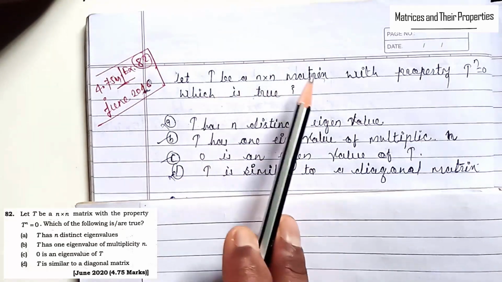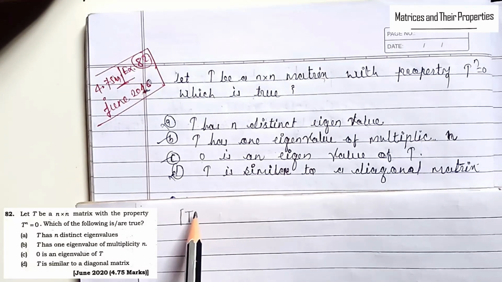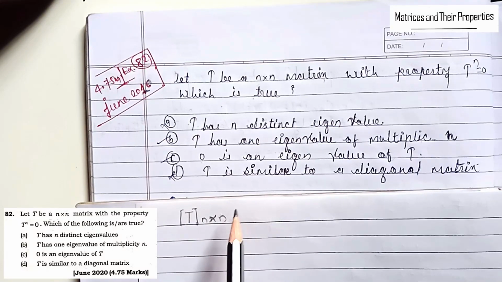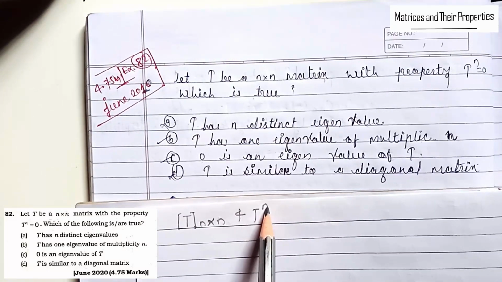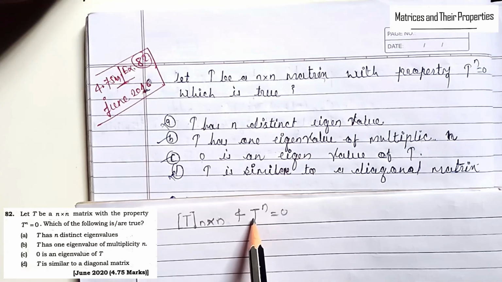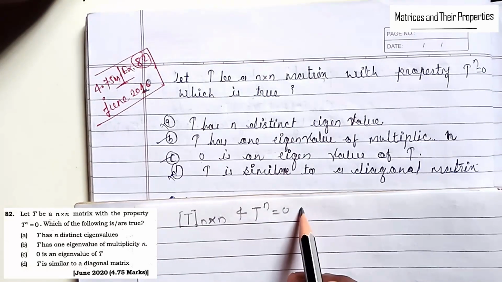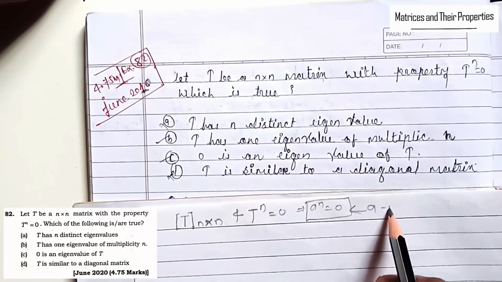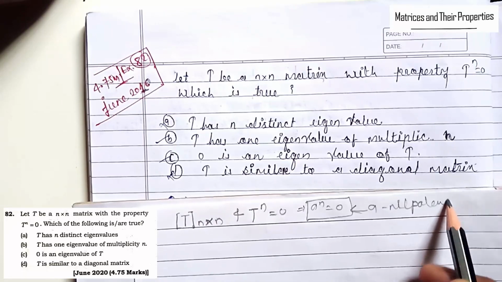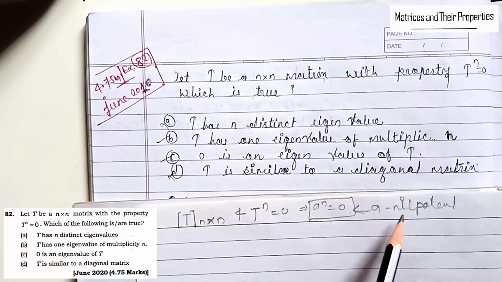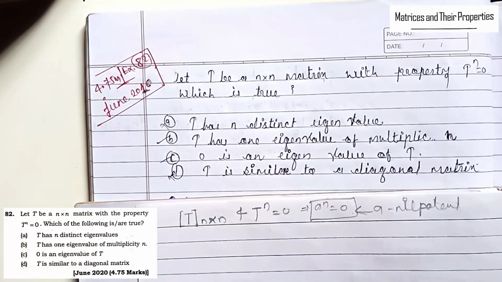Here we are given that T is an n by n matrix, with n rows and n columns, so a square matrix, and T raised to n is 0. Try to remember the previous concept: if A raised to n is 0, then we say that A is a nilpotent matrix.